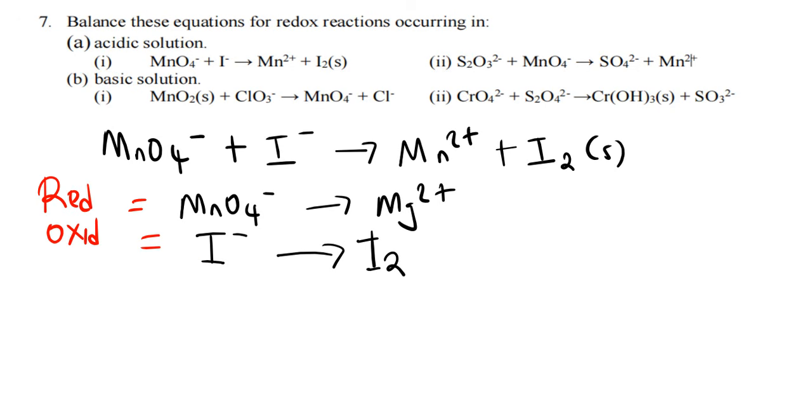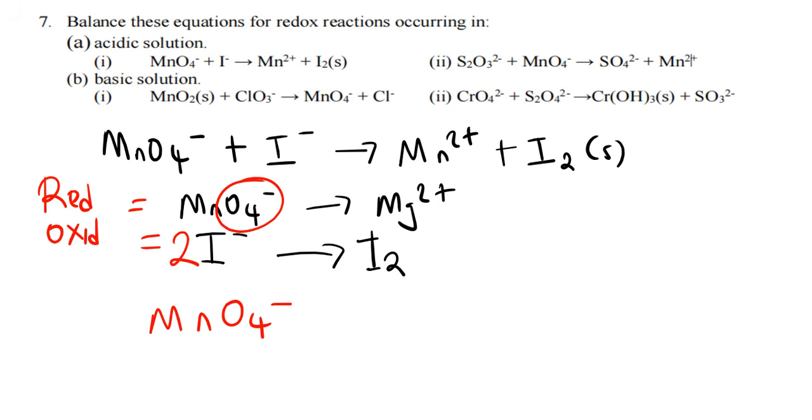So in this case, what do we do? Let me write this equation again. We've got MnO4⁻, and here we've got 4 oxygens.